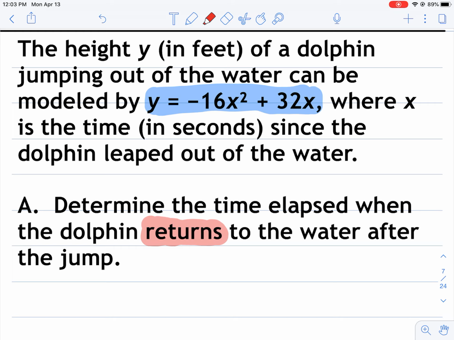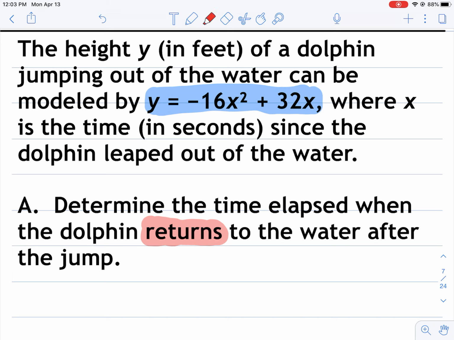We've talked about this a little bit before in previous problems, when we had some function problems, that when an object is on the ground, or in this case at the water level, then the height of that object would be 0.